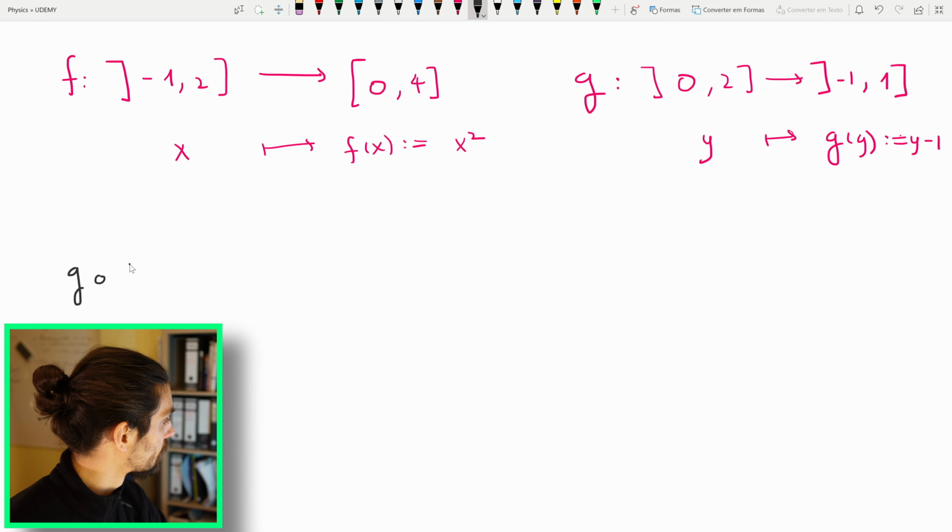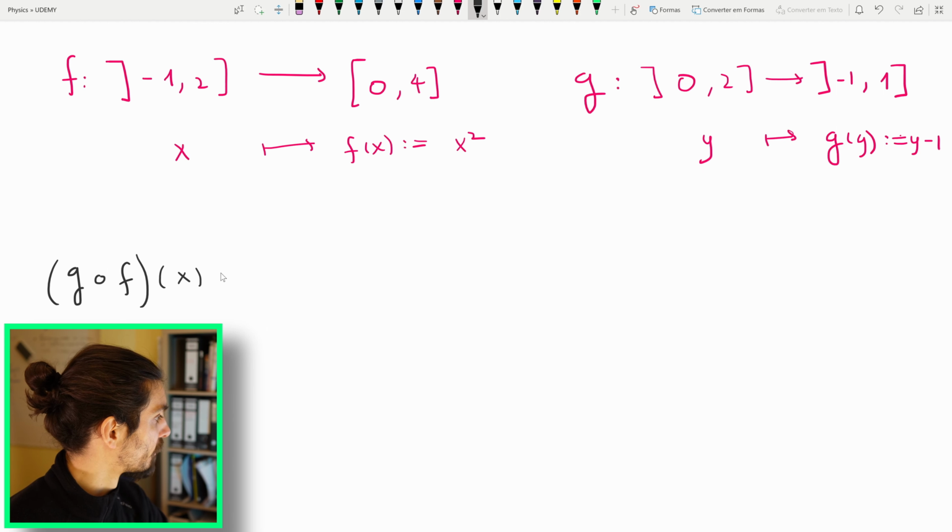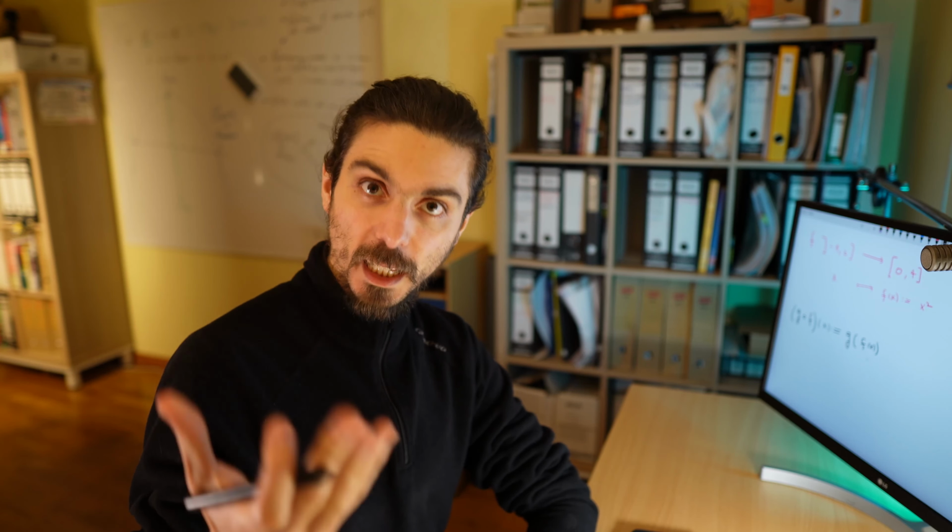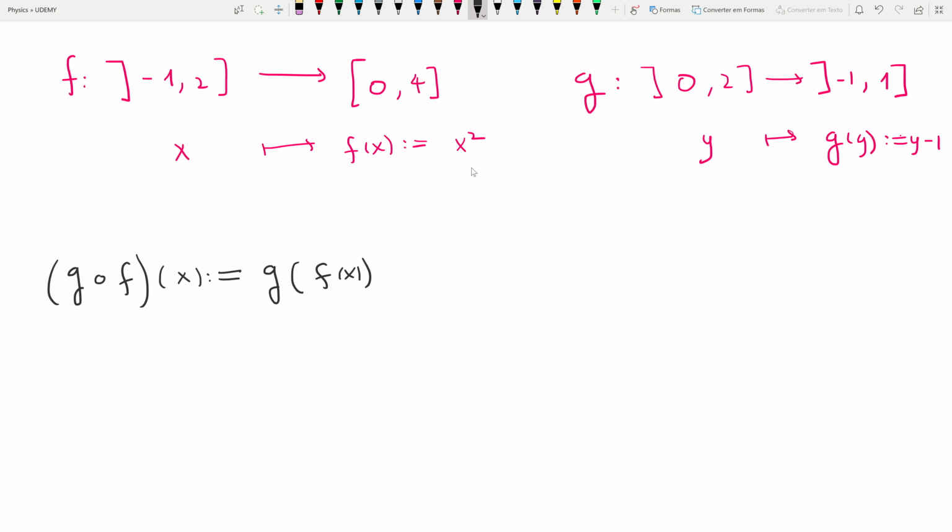G of f, well, is a function that when acting on x is going to give us, by definition, g of f of x. But what is f of x? F of x is just a symbol for a number, in particular x squared. So we can substitute here the x squared.